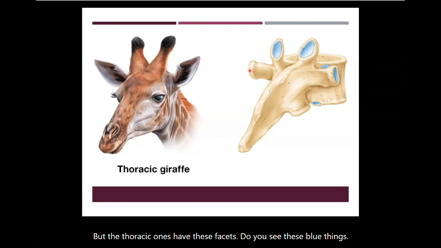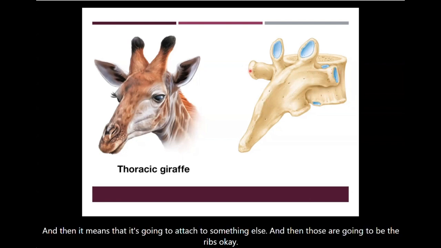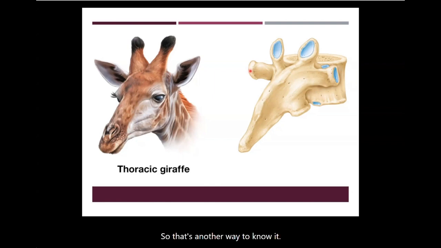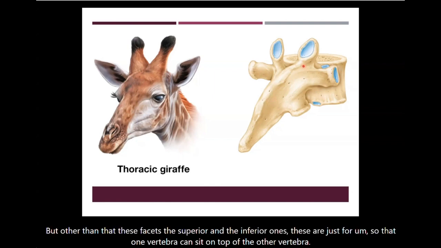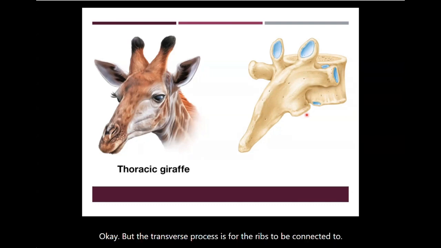Do you see these blue things? It means it's going to attach to something else, and those are going to be the ribs, okay? So that's another way to know it. Other than that, these facets, the superior and the inferior ones, are just so that one vertebra can sit on top of the other vertebra, okay? But the transverse process is for the ribs to be connected to.